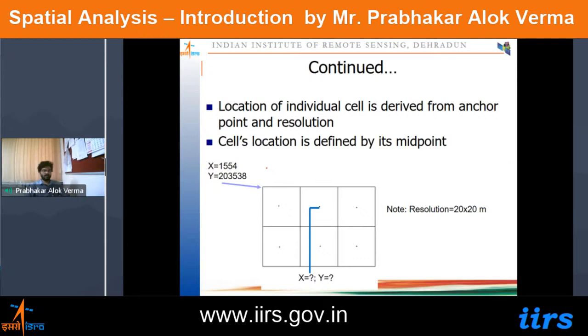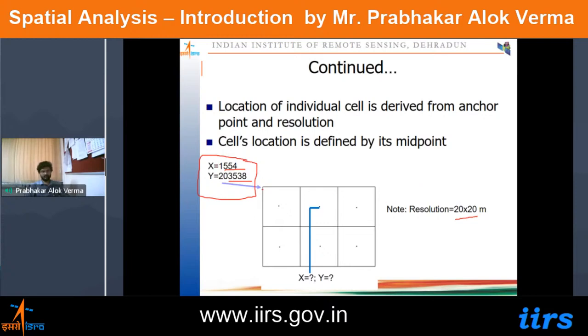This you may have seen previously also. The coordinate of one anchor point is stored, like longitude, x is longitude and y is latitude, and a pixel size is stored like 20 meters, and coordinates for the rest of the cells are derived from this information.